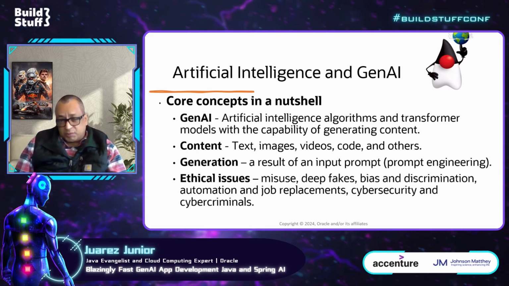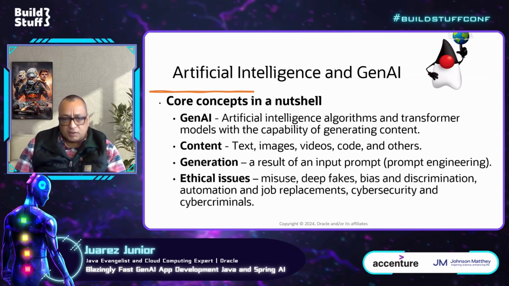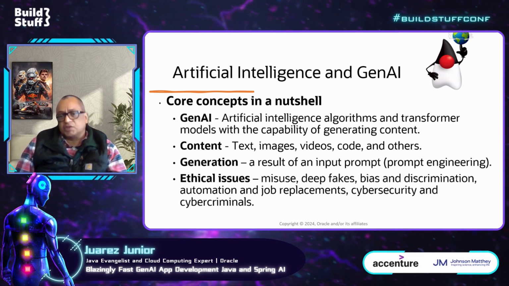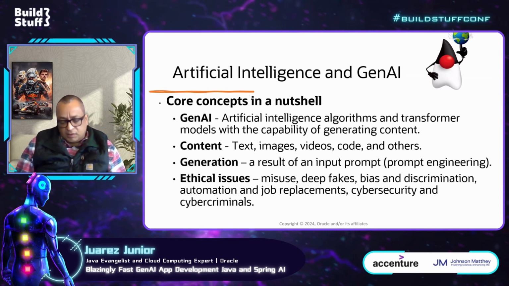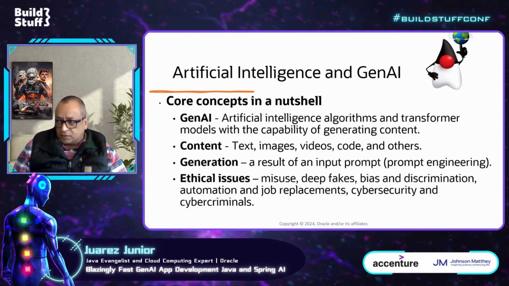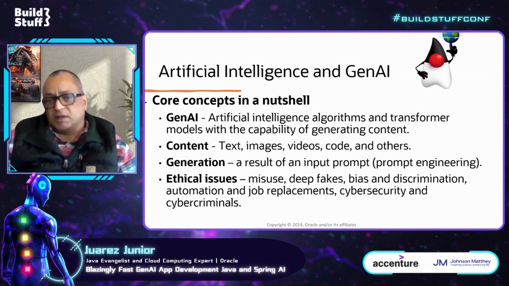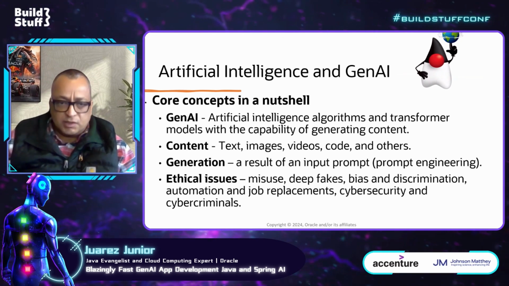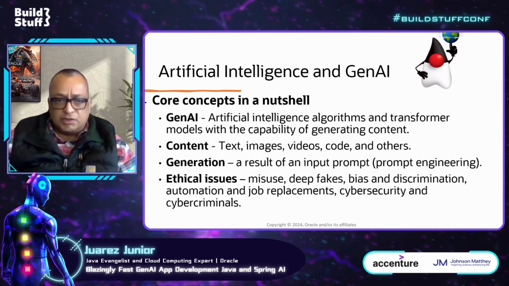Automation and job replacements, that's a kind of interesting one, but I'm not going to explore this aspect of it. And cybersecurity and cyber criminals, because usually the hackers, or the so-called crackers, the malicious hackers, they like to explore technology. It won't be different when considering GenAI.